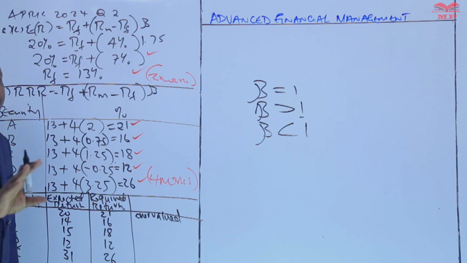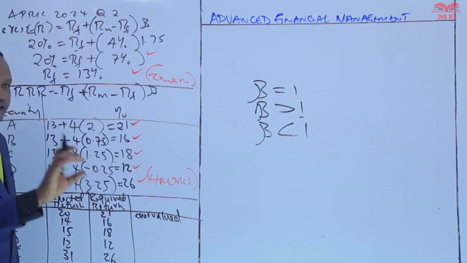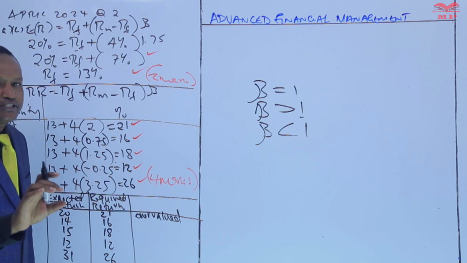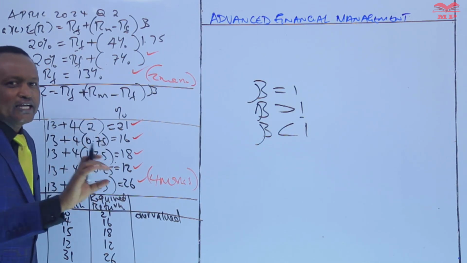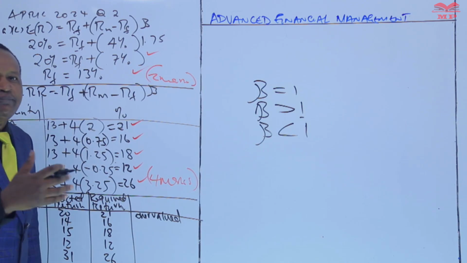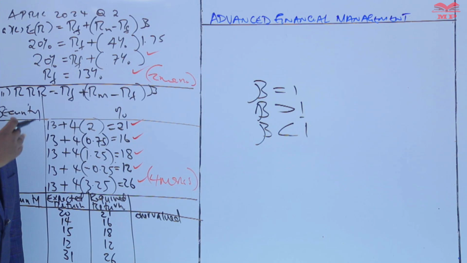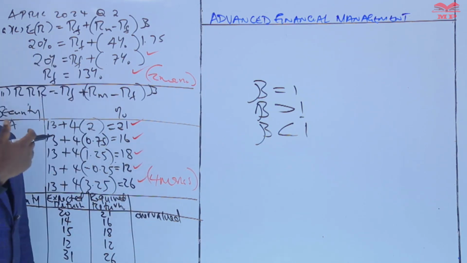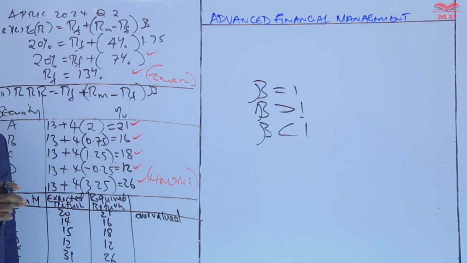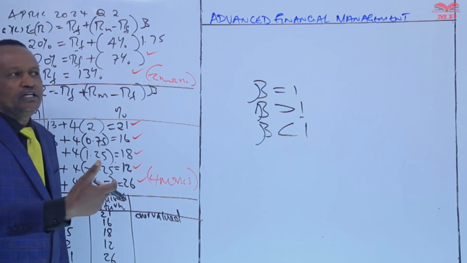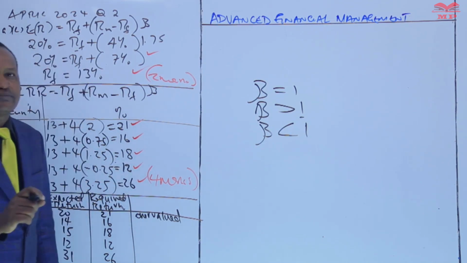When the expected return is higher than the required rate of return, it means the security is potentially offering more return than investors demand for its level of risk. And that suggests the security is undervalued, and it might be a good investment opportunity.